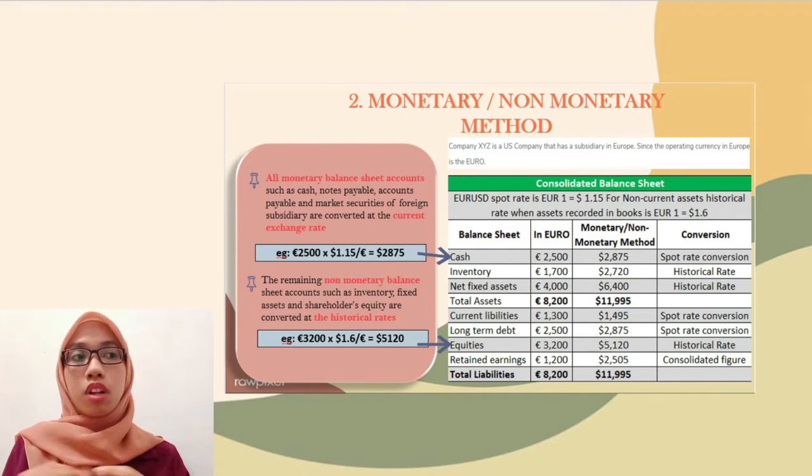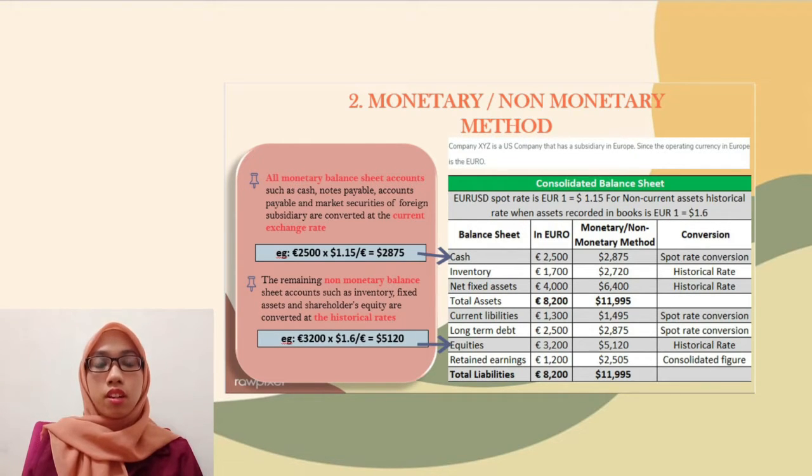For example, we calculate cash because it is monetary, and we multiply by the spot rate given, so we get the answer $2,875.